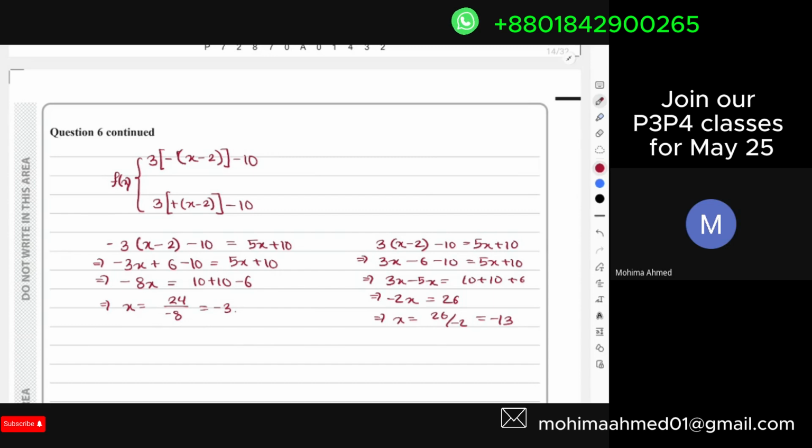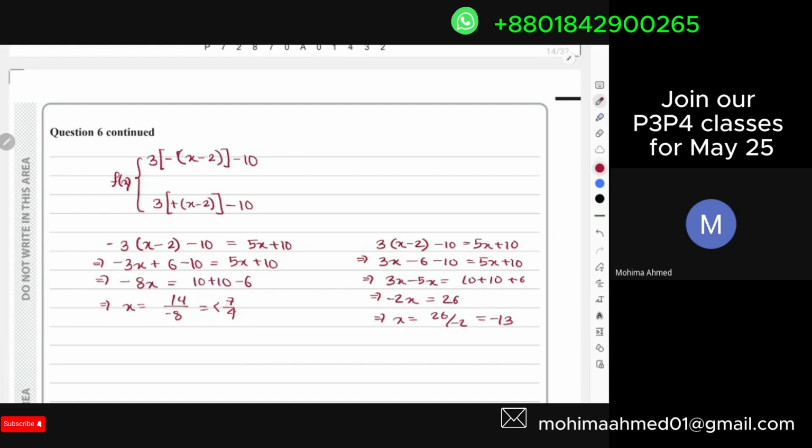That gives you minus 3 minus 5, minus 8, and 10 plus 10 minus 6. Sorry, 10 plus 10 is 20. 20 minus 6 is actually 14, not 24. So 14 divided by 8 gives you 7 by 4, negative, and this one gives you minus 13.